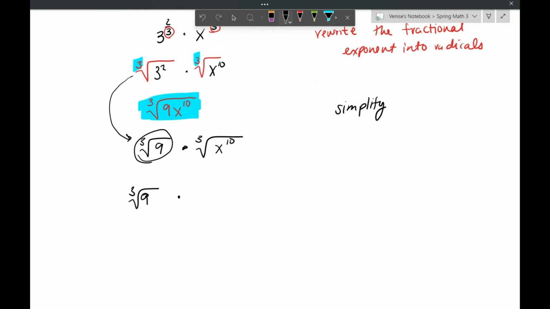So let's write everything down first. Since my index is 3, I want to rewrite x to the 10 with powers of 3. So x to the third, that's 3. This is 6 now. This is 9. And the last one is 10, okay, with a power of 1. So if I add all of the exponents, 3 plus 3 plus 3 is 9, plus 1 is 10.